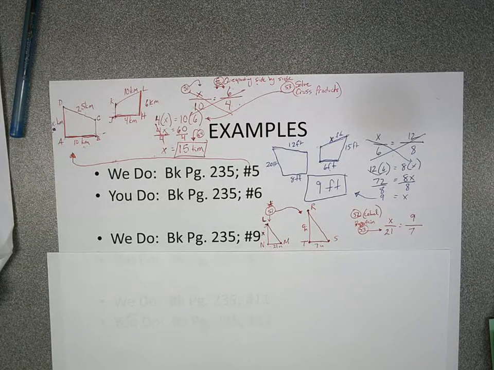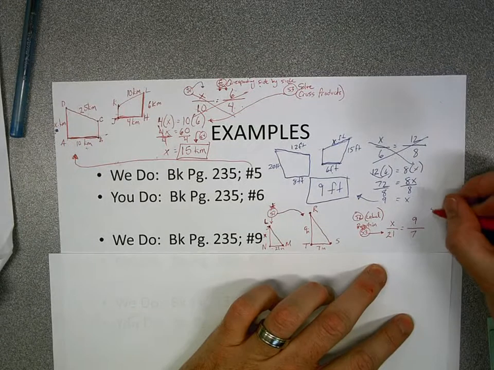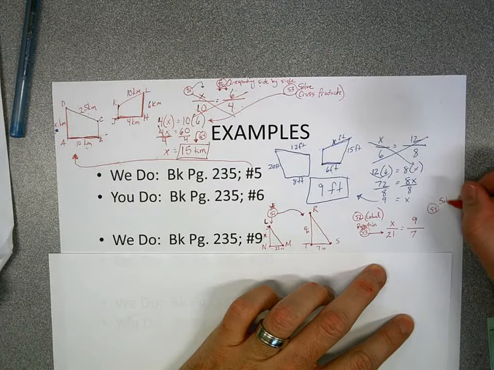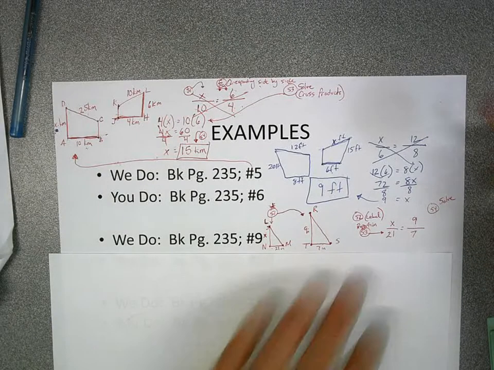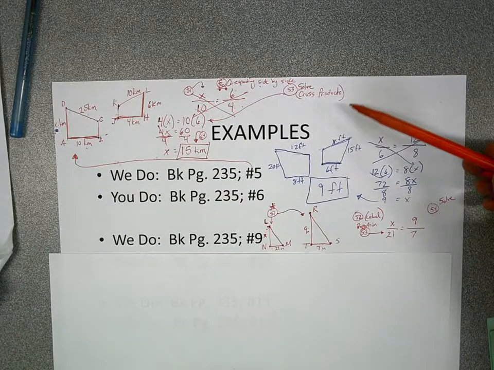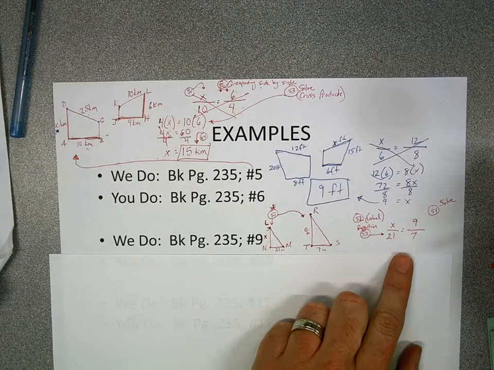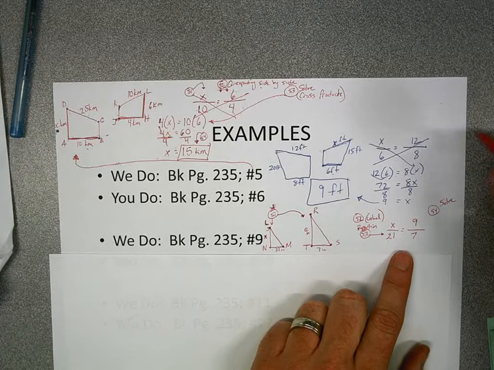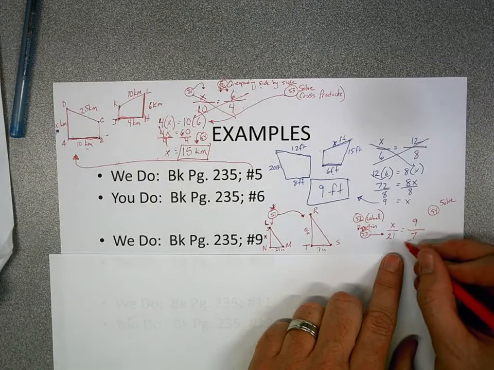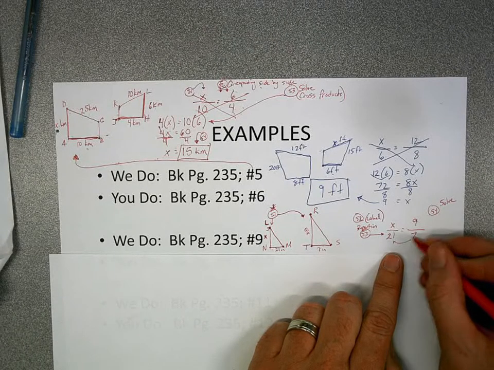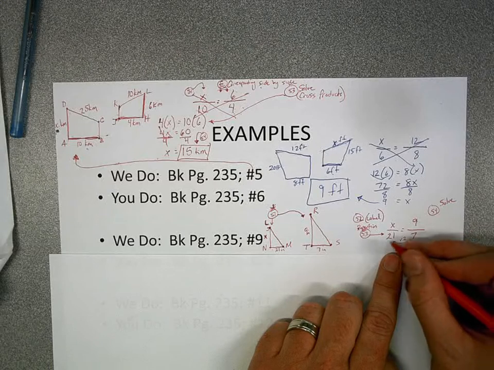All right, step 4, solve. Now, on the last problem, step 4 was solve and use cross products. And you're going to need to do that on many of them. Do we need to use cross products on this one? Well, you can if you want. But last time I checked, I can use the old elementary school way. 7 times 3 is 21.